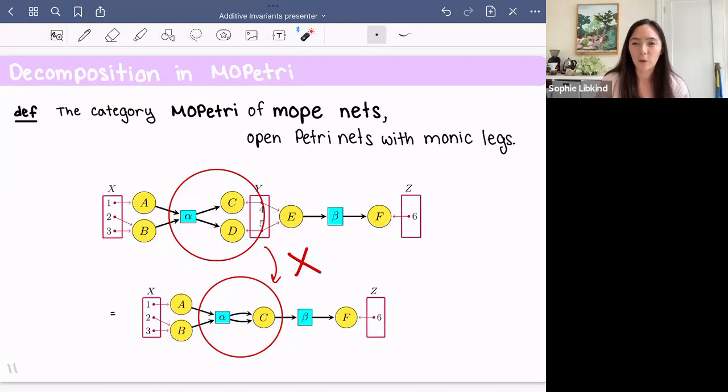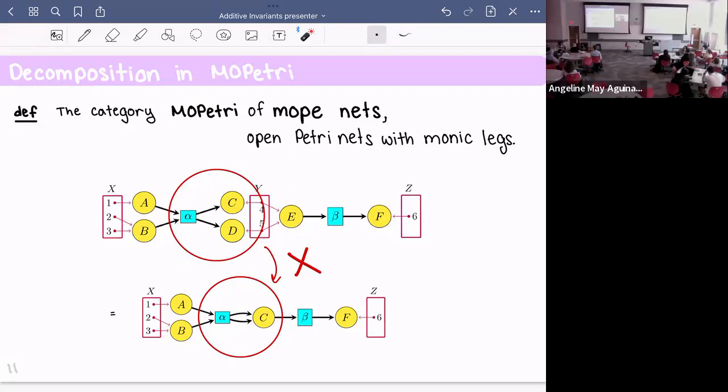Because of this requirement that the underlying cospan has monic legs, the relationship between any transition and its input and output species is preserved. One thing that I think is useful to think about is a catalyst. So a catalyst is something where the transition will both consume and produce it, one of it, and it can't be created in composition. Catalysts only exist if they exist in the factors.